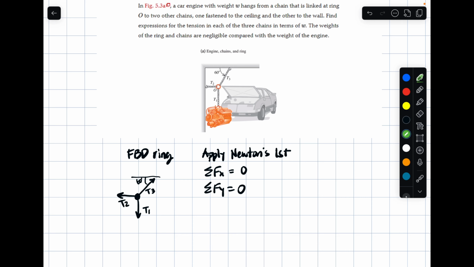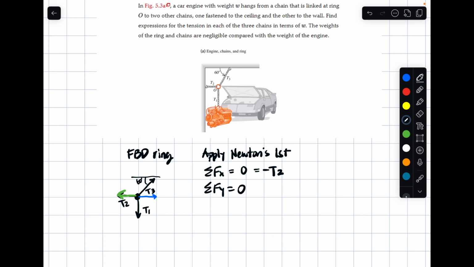For T1, there is no x component. T2 has an x component, and it's negative. We don't know the magnitude, so we're just going to keep it as T2. And then T3 is going to have an x component, and it's going to be positive. So what we need is to figure out what that value is.